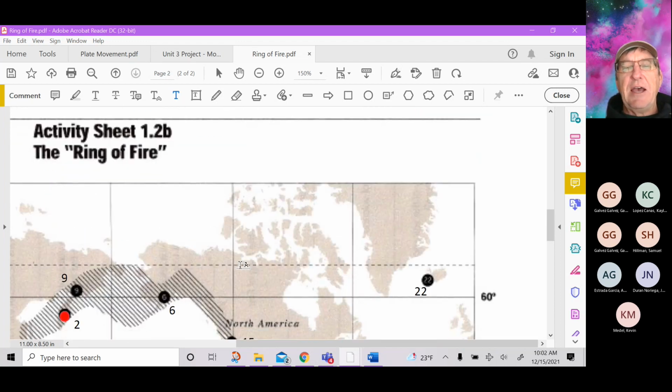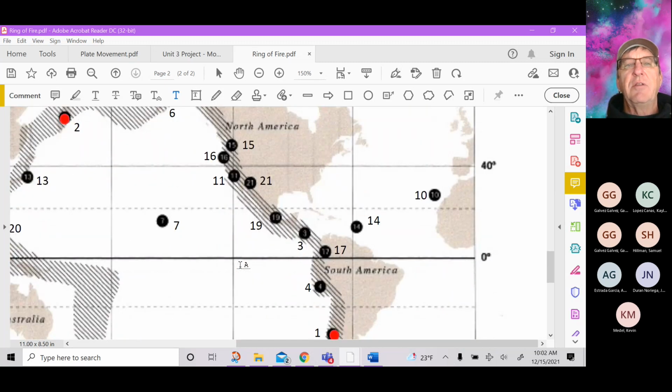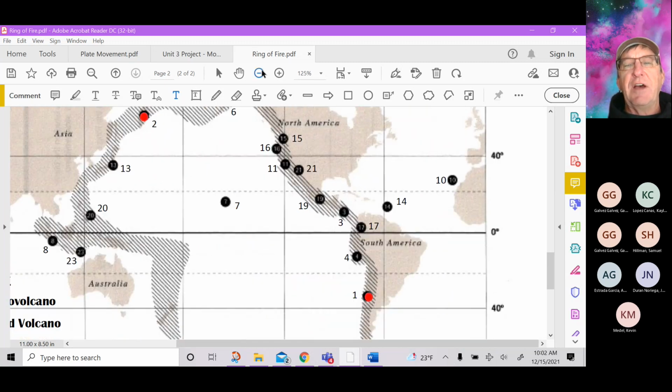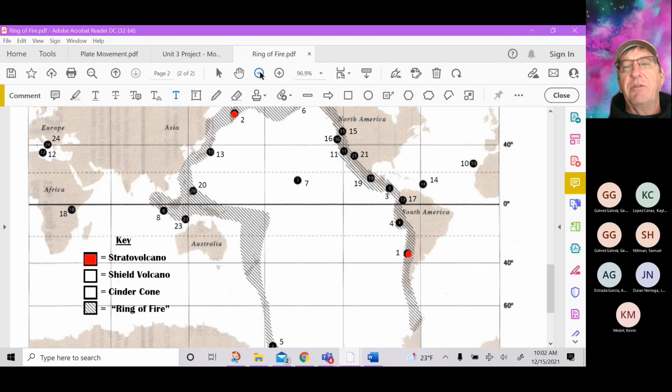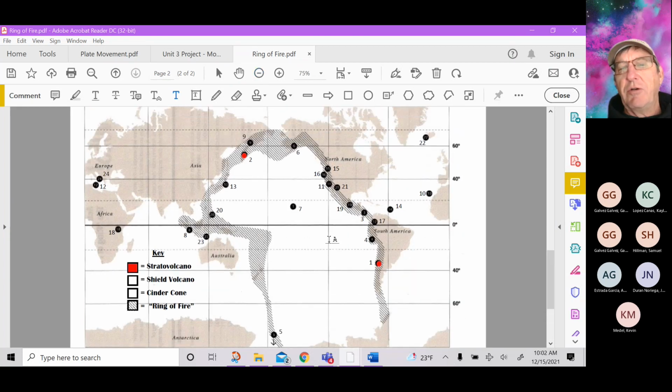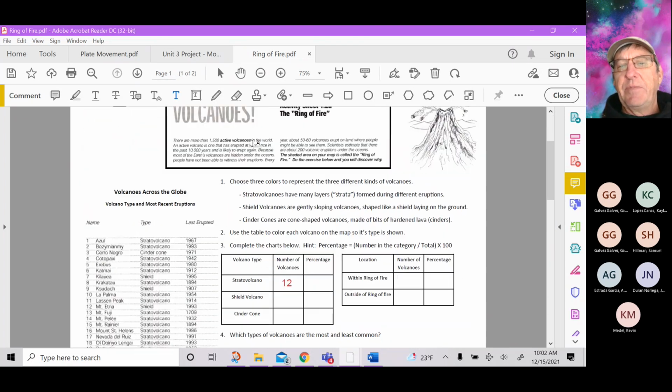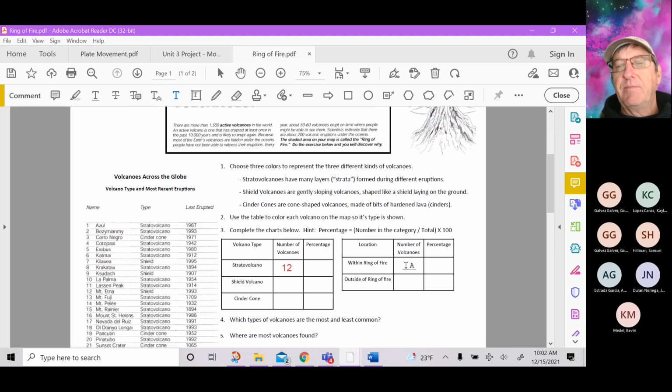So you'll have to go back to your map and count the number of volcanoes in the ring of fire versus the number that are not in the ring of fire. So we know there's a total of 24. You just start counting 1, 2, 3, 4, 5, etc. until you've counted all the ones in the ring. Divide by 24, multiply by 100, and you will have your answer for this one.